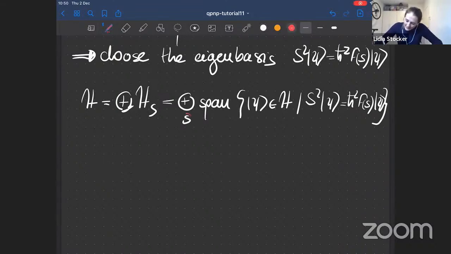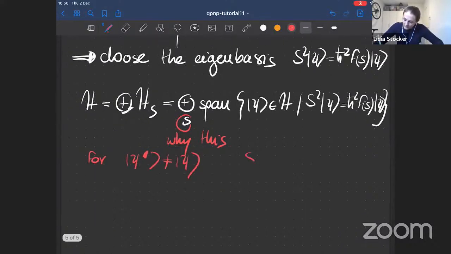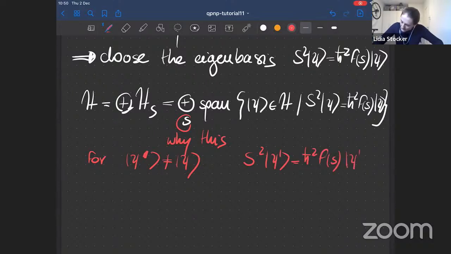Why this? Because if an operator is Hermitian, we know that its eigenvectors span the full Hilbert space where this operator lies, but it doesn't tell you that there is no degeneracy. So it can be that for psi prime unequal psi, both of them have the same eigenvalue, and S2 psi is equal to h bar squared f of s psi.